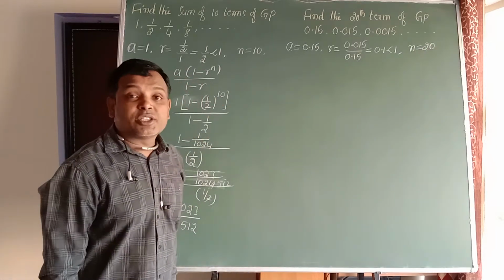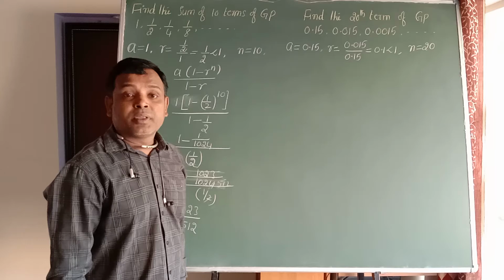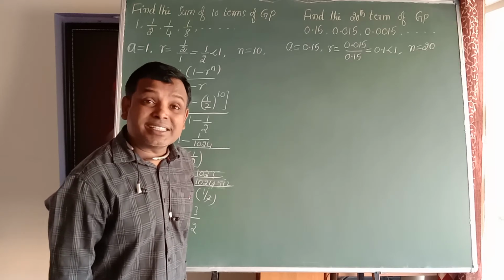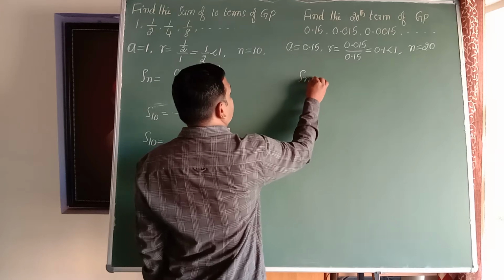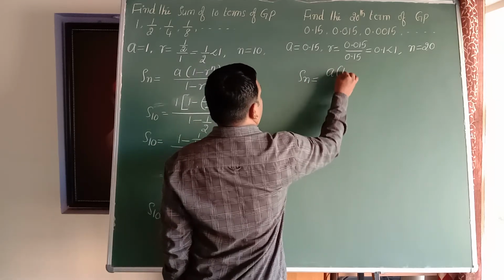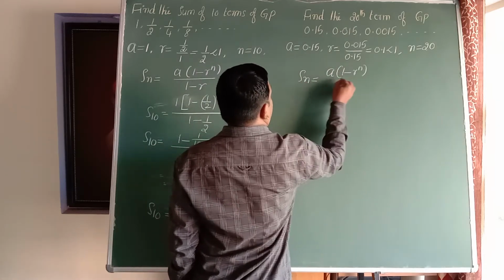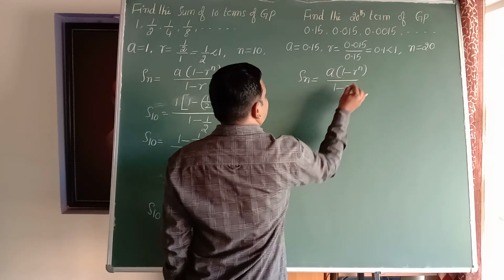When the common ratio is less than 1, the Sn formula will be a into 1 minus r power n divided by 1 minus r.